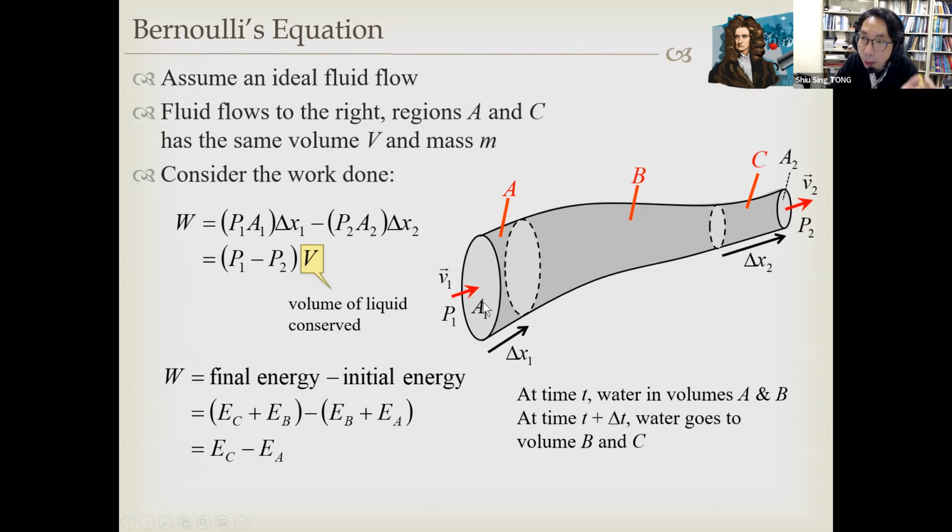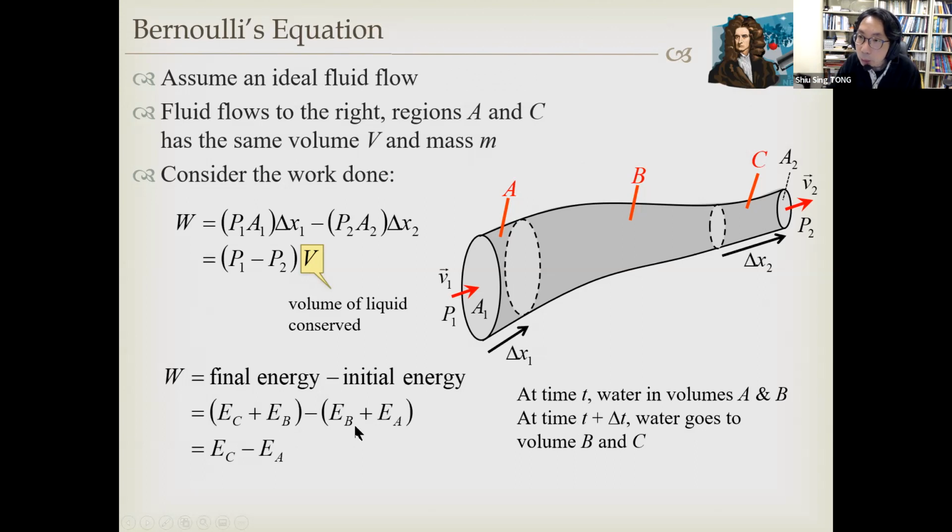So the fluid in regions A and B will be shifted to regions B and C. That is our consideration. Originally we imagined some liquid in regions A and B only, but after a while, liquid flows in from outside, and so the liquid column is forced into region B and region C. We just follow the motion.